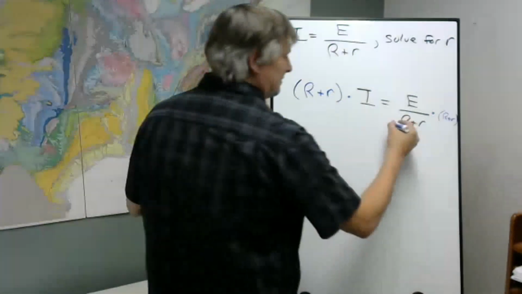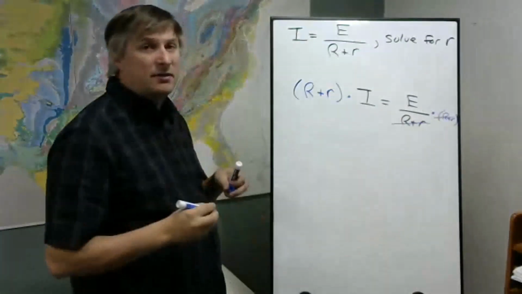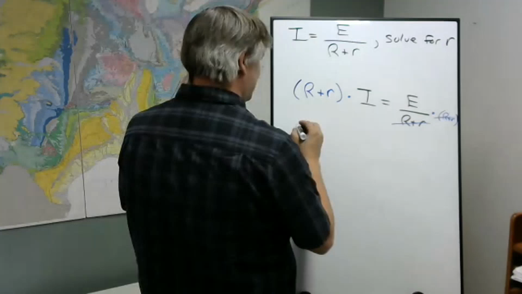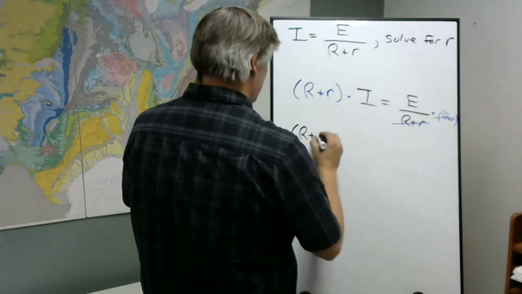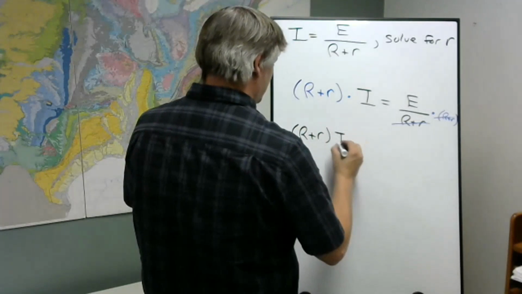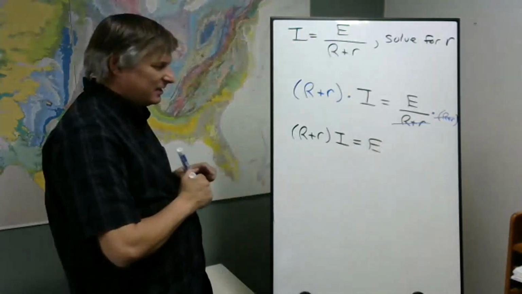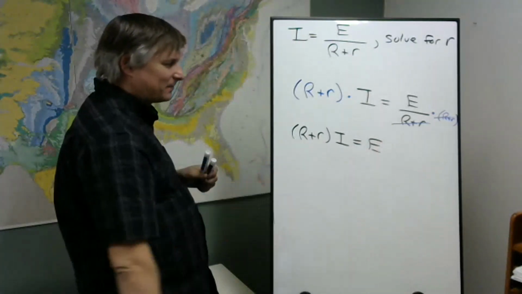So when we do that, it'll cancel on that right side. So what we'll have left is R plus r times I is equal to E. And we want to get at this r.